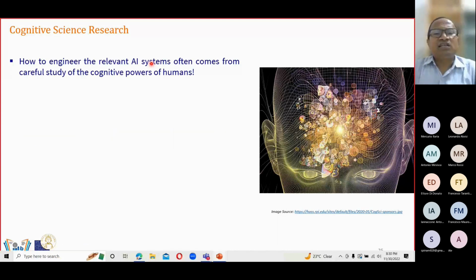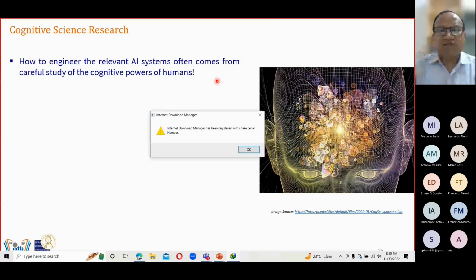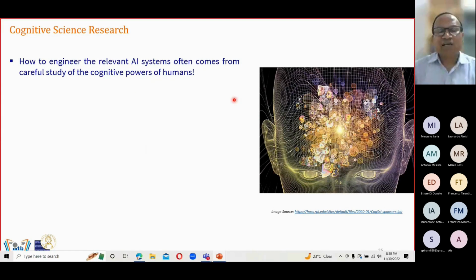So how to engineer the AI system often comes from careful study of the cognitive powers of the brain. How to develop the devices, how to develop the systems, how to engineer them, so that they can capture the data, process the sensory data properly, and accordingly provide appropriate decision-making commands, or help in assistive technologies in disease and disorder analysis.